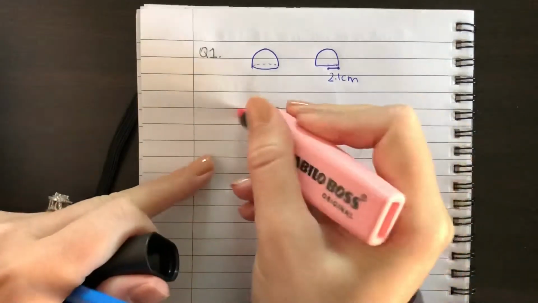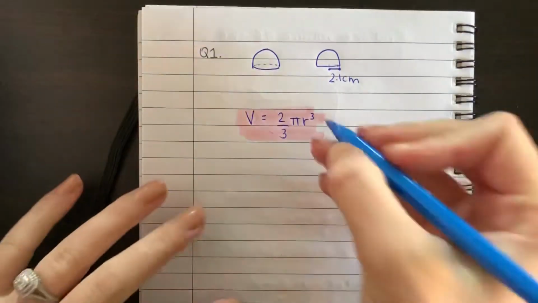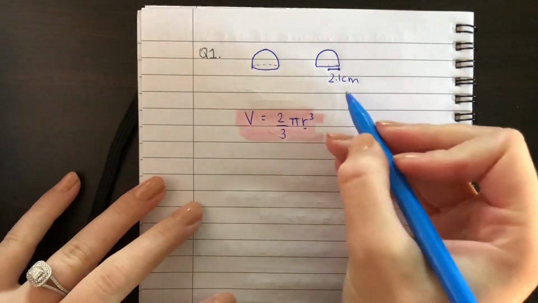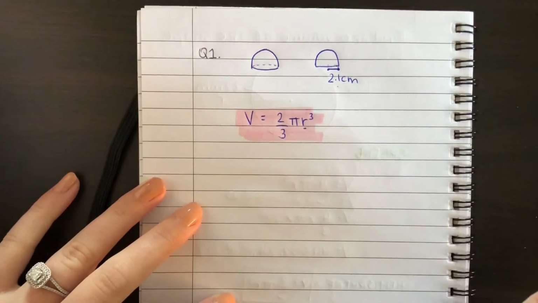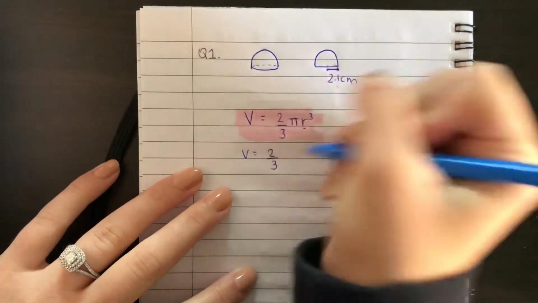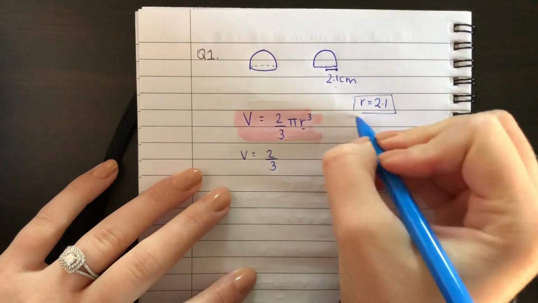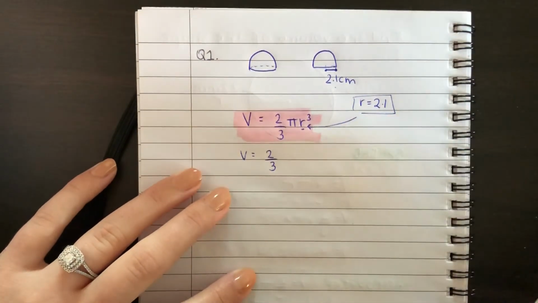That's our formula. The only unknown that we have in that is our radius, which we were just told is 2.1 centimeters. So I'm going to substitute this into here.